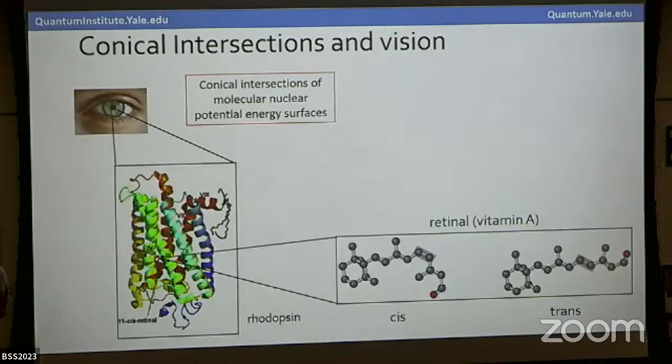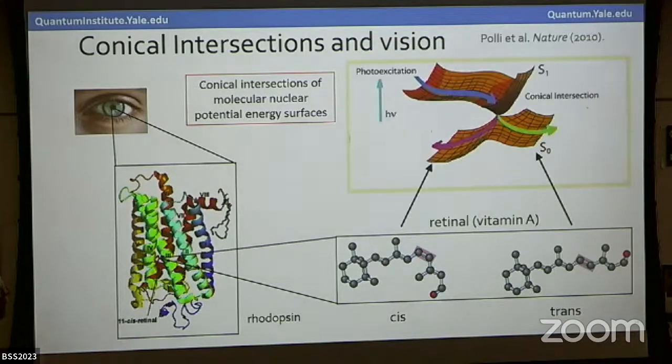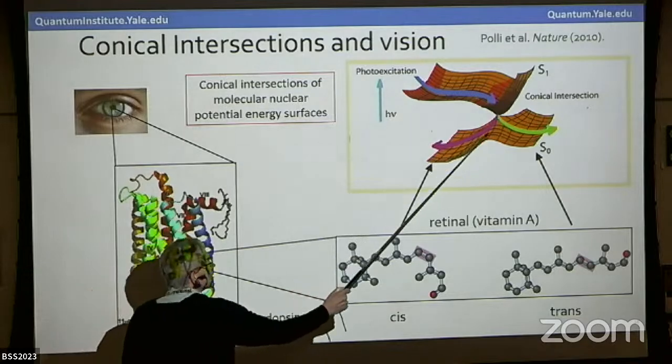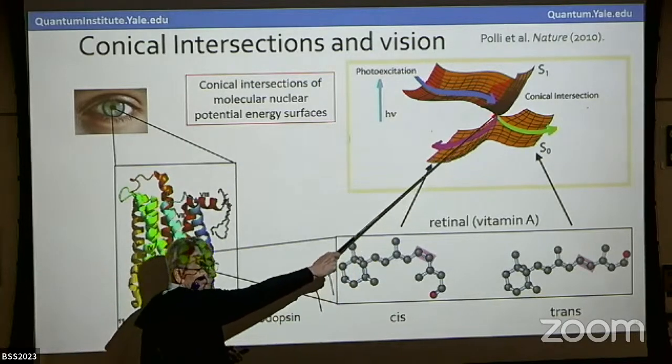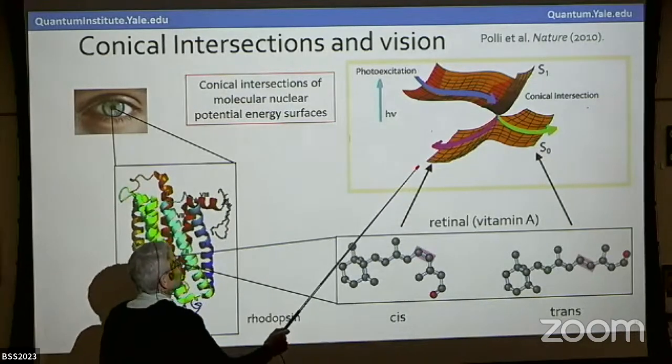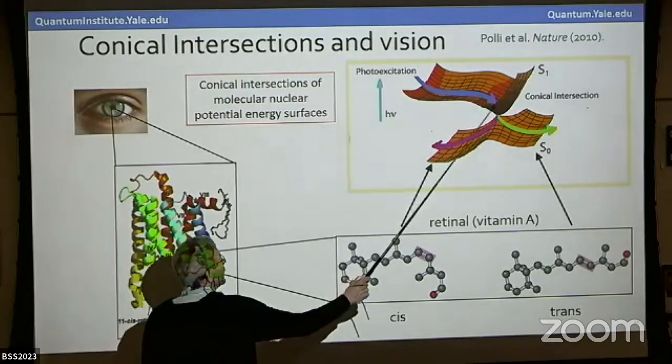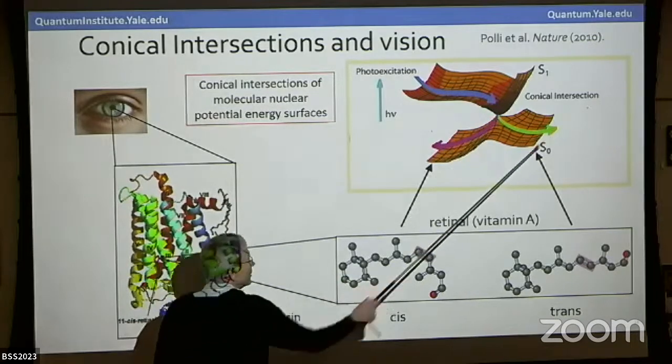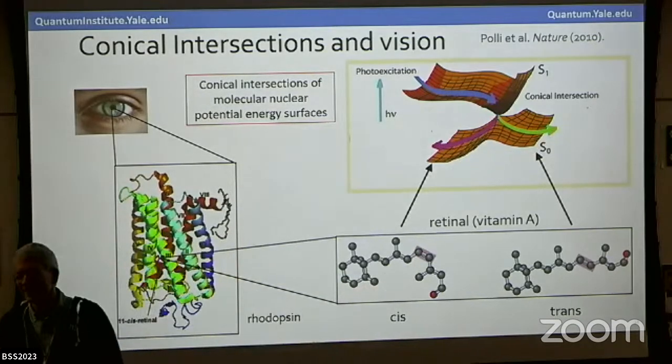Okay, you can also do, in your eye, there's a thing called retinol, vitamin A. It lives inside the main molecule that makes your eye work. And the potential energy surfaces actually have no gap. They intersect at a point, a conical intersection. And when you get excited up here, whether you fall down here or over there is whether you see the photon or not.